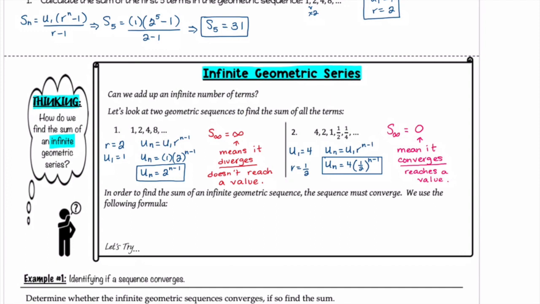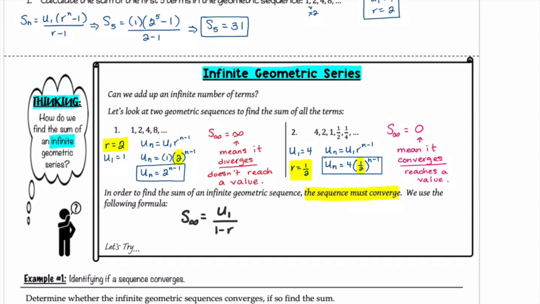It all has to do with this common ratio. In order to find the sum of an infinite geometric sequence, the sequence must converge. We use the following formula.